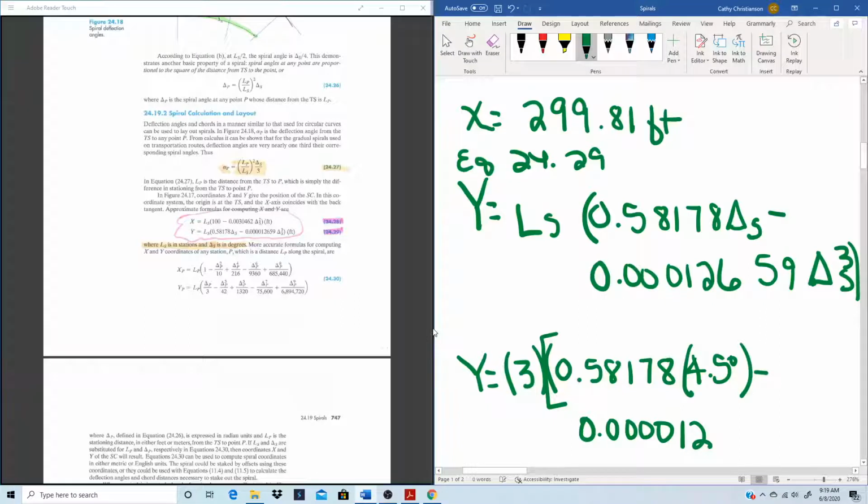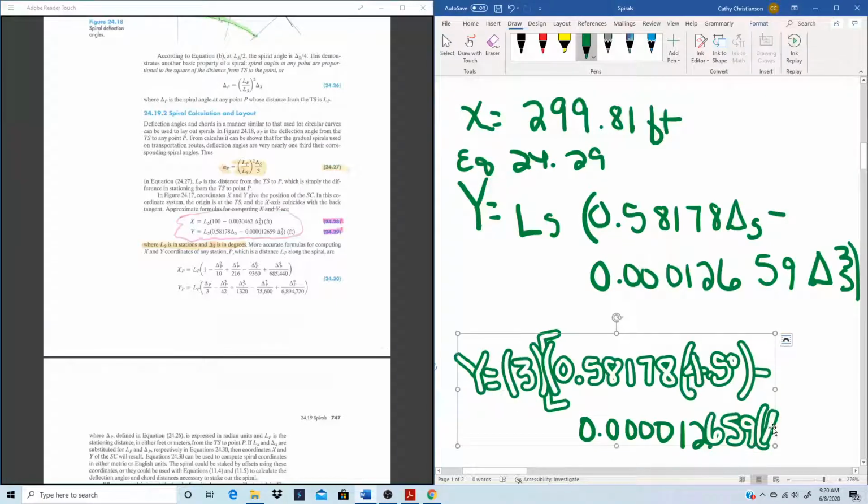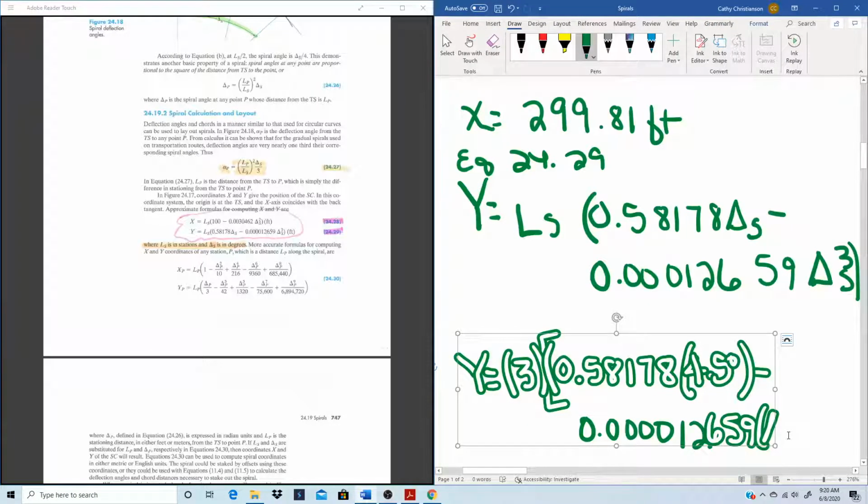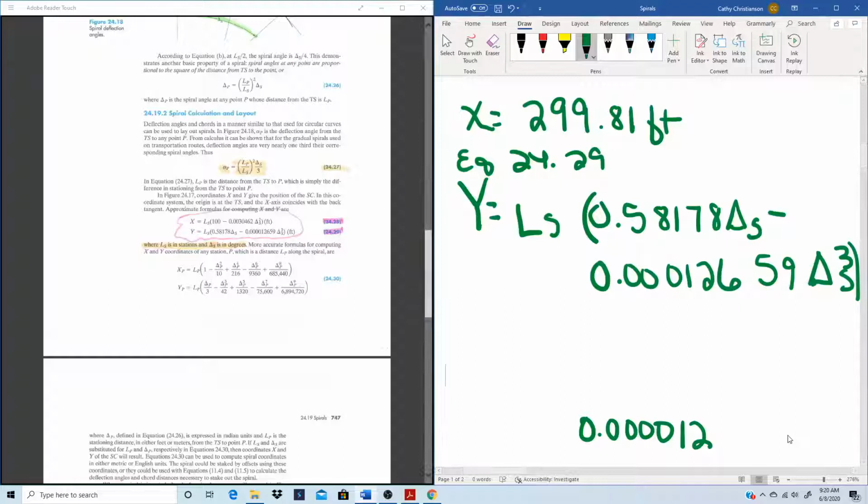Aren't you glad we didn't have to derive all that ourselves? And then theta S. Oh, I'm going to have to delete it. Look at that.